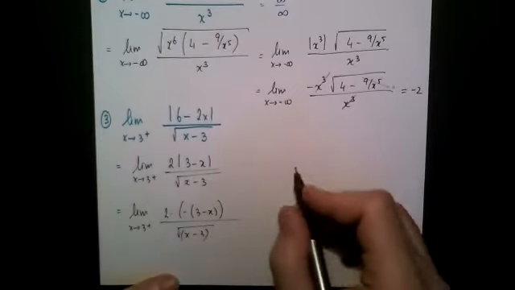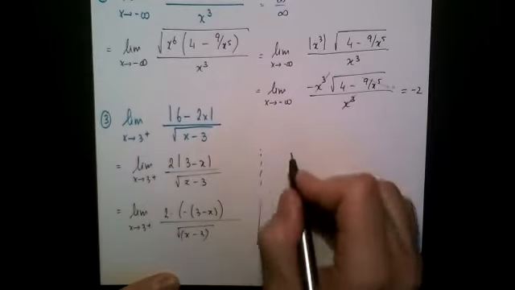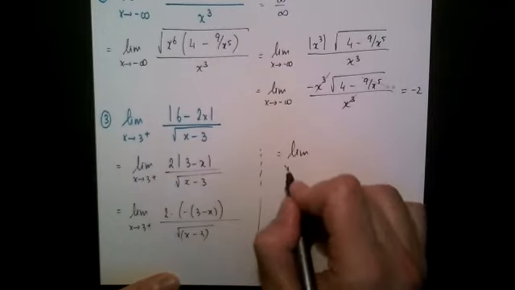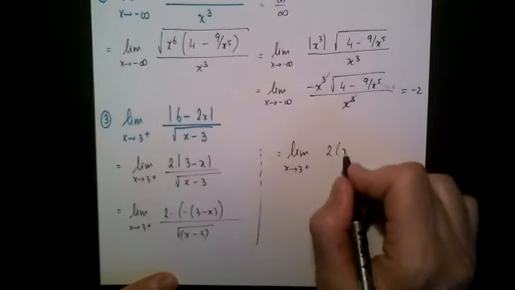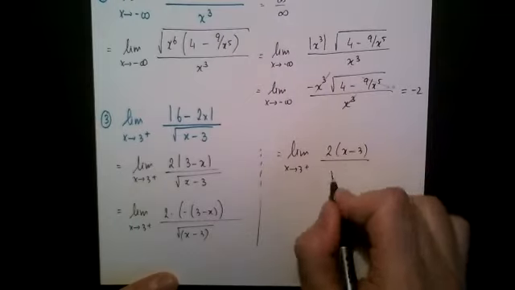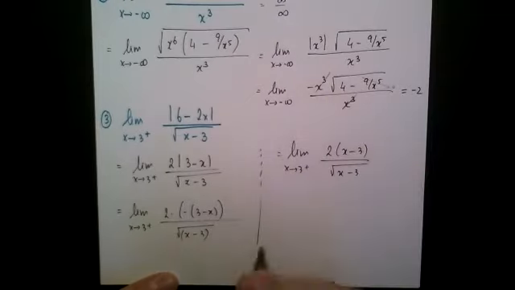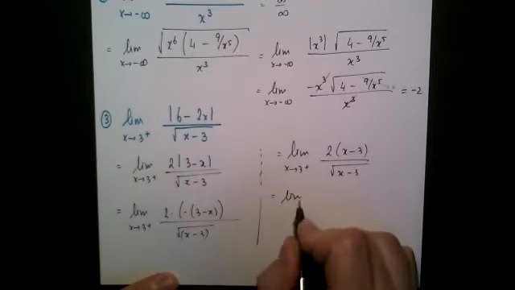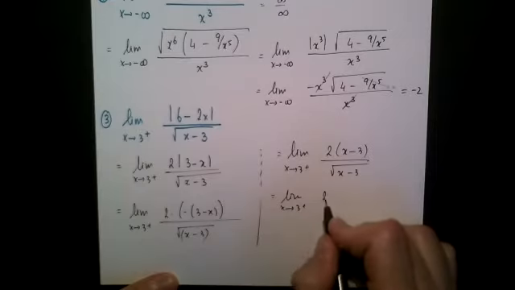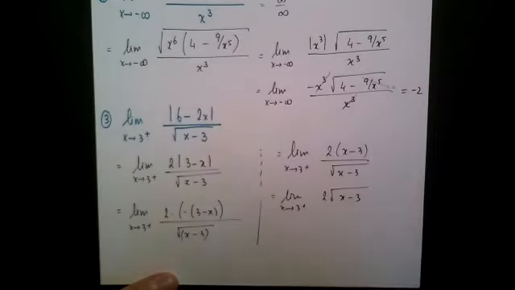And then here, limit as x approaches 3 plus, minus, I could change the signs, 2 times (x minus 3) over root x minus 3. And that, if you simplify, you'll get 2 root of x minus 3. And so you get 0.